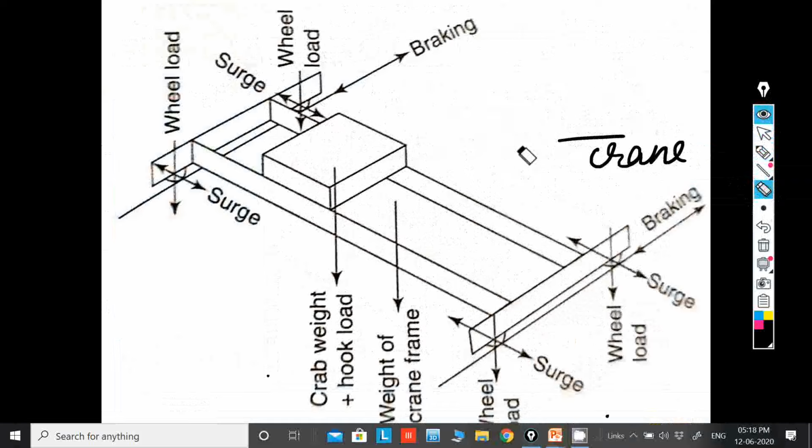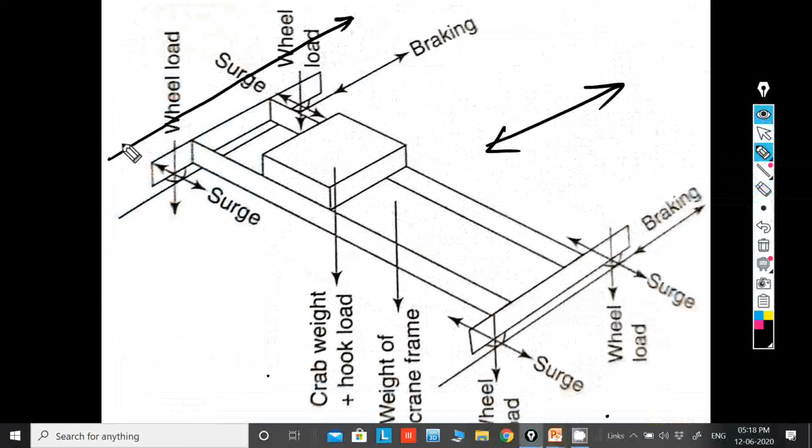Now, this is the first one, and this crane also will move like this, isn't it? This crane will move like this, and the gantry girder is in which direction? The gantry girder is in this direction, right?